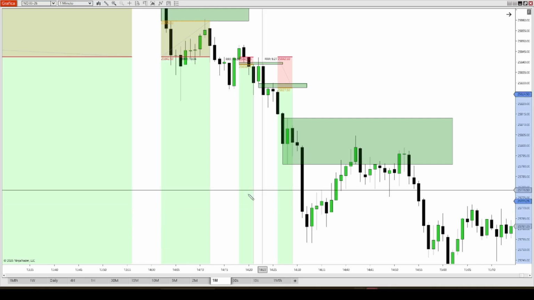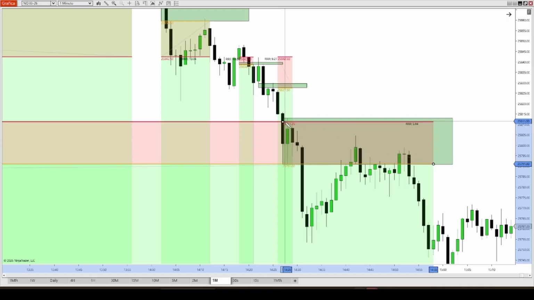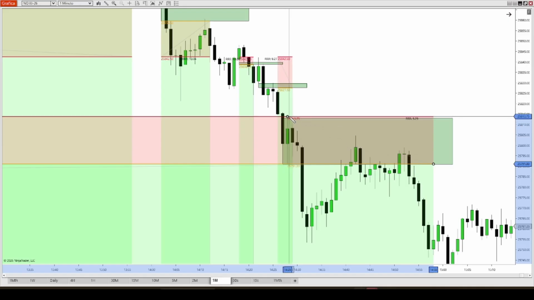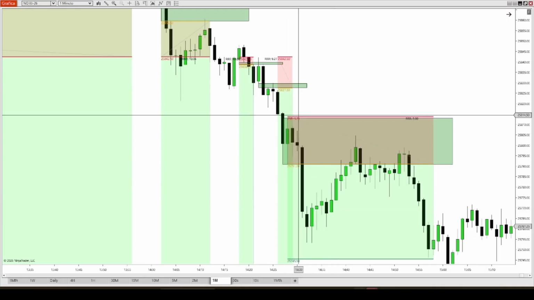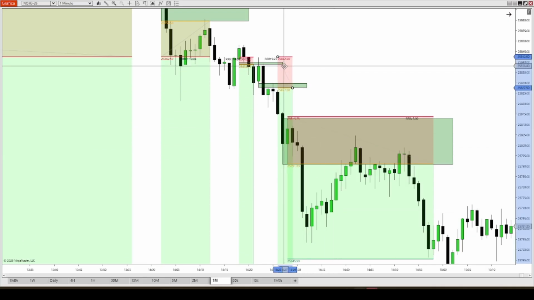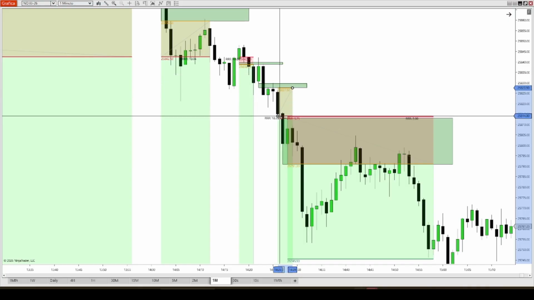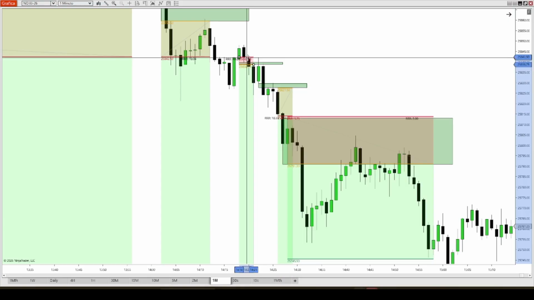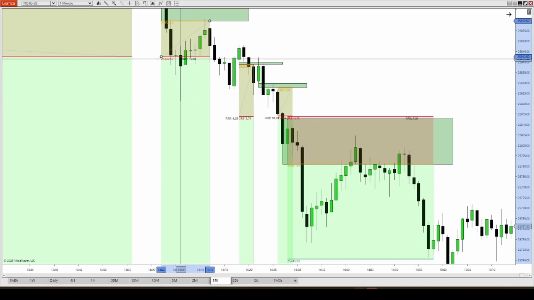So the entry should be here and the stop loss should be again above the order block. So once we enter this trade, we have to do the job of trailing the stop losses of our open positions like this, trailing the stop.